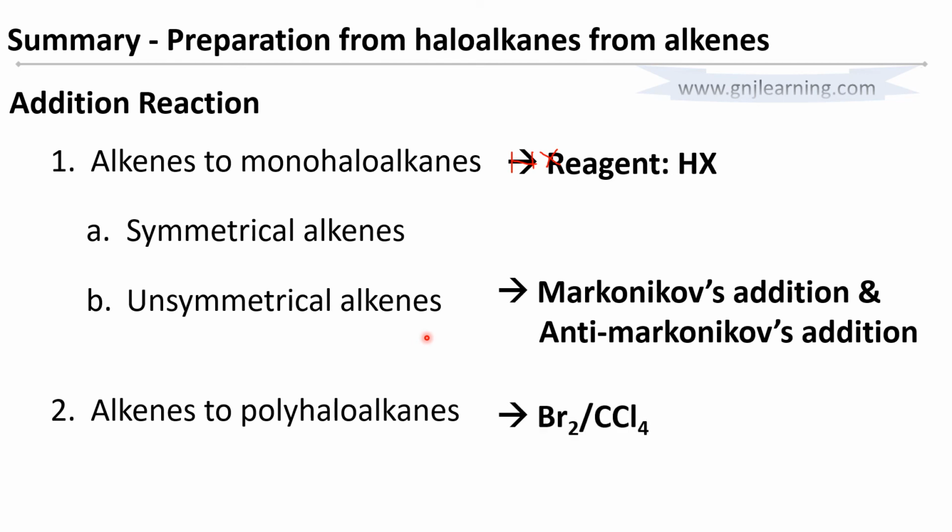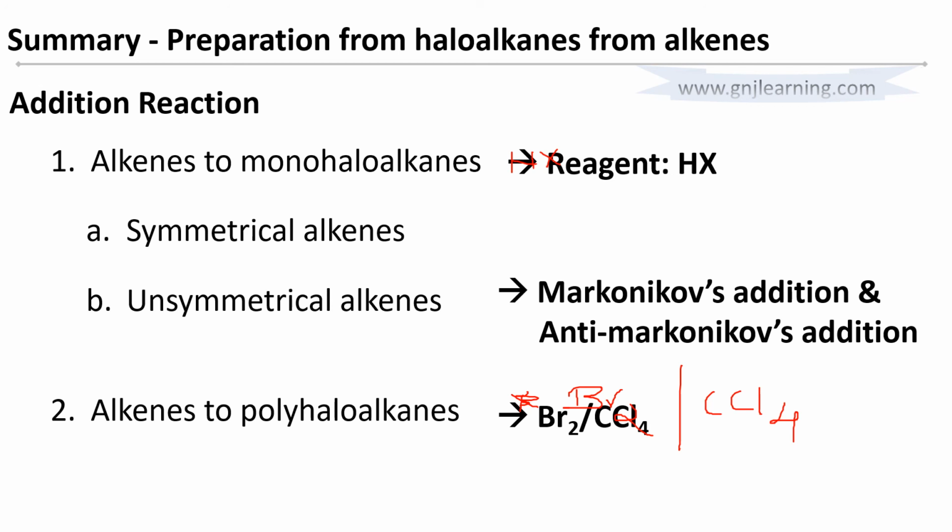Now, from alkenes to polyhaloalkanes. What are the reagents that we used? If you recollect, it is Br2, not X2. Br2, reddish brown, dissolved in CCl4. You can also use chlorine, but generally we use Br2 in CCl4 to test unsaturation.